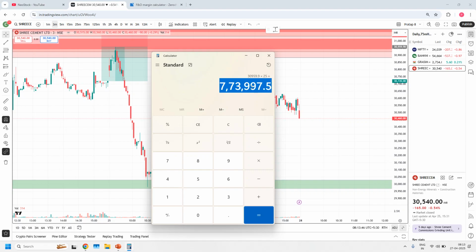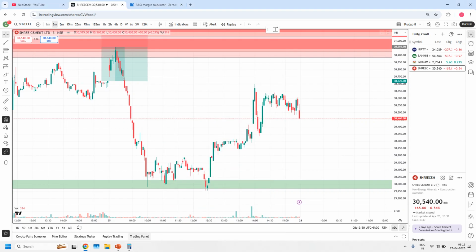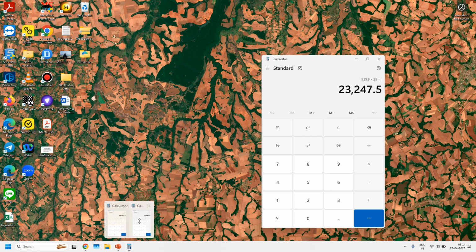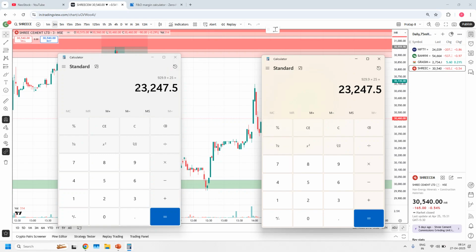Let me copy this value. 7,73,000 rupees we invested to get this profit. Do you agree? For 7,73,000, this is the profit.